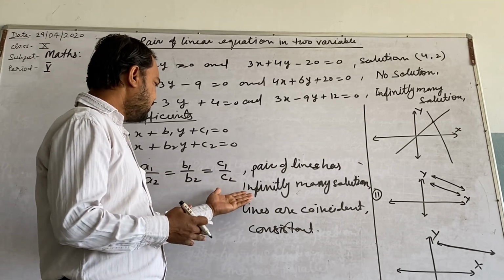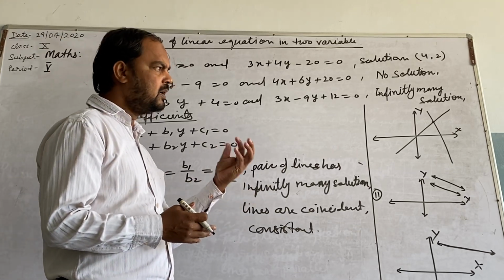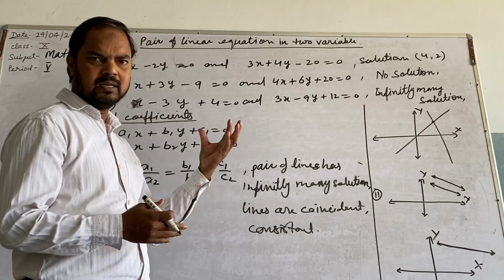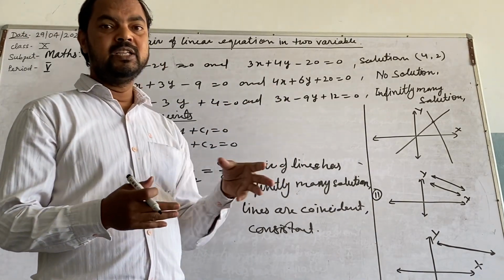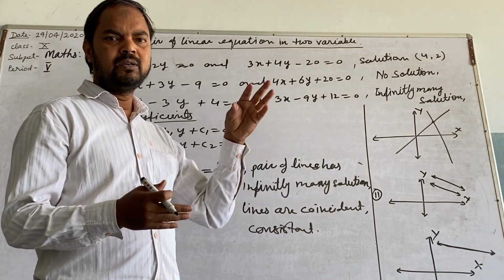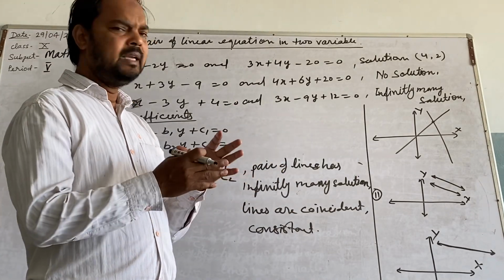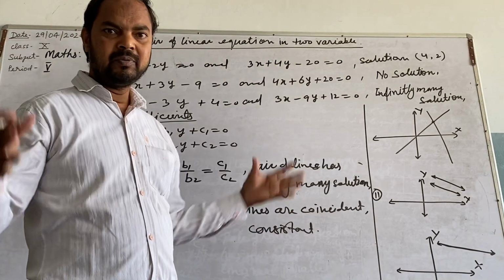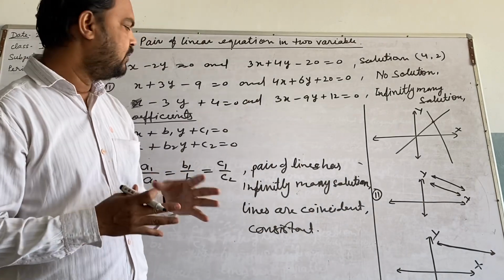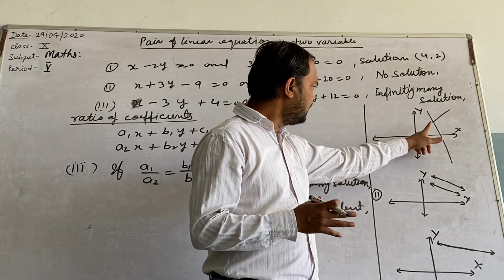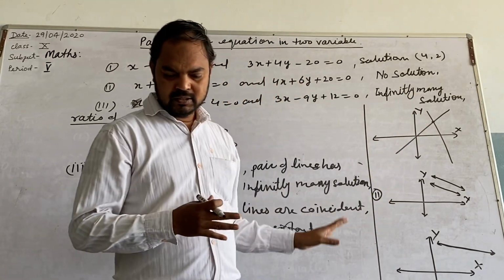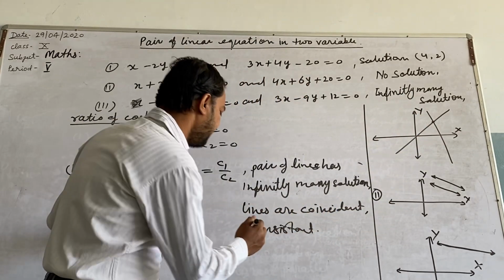In word problems like those in the last classes, when we tried to find age and caste, there cannot be infinitely many ages and castes. So we should have only one solution, right? This case is also called dependent.